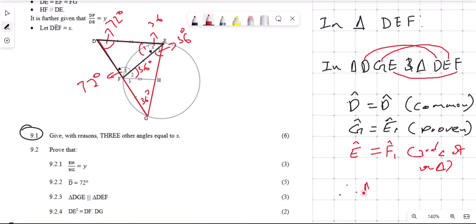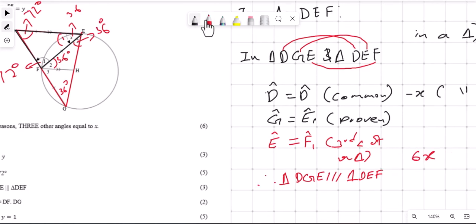Therefore, triangle DGE is similar to triangle DEF. How did you prove this one? Angle, angle, angle.